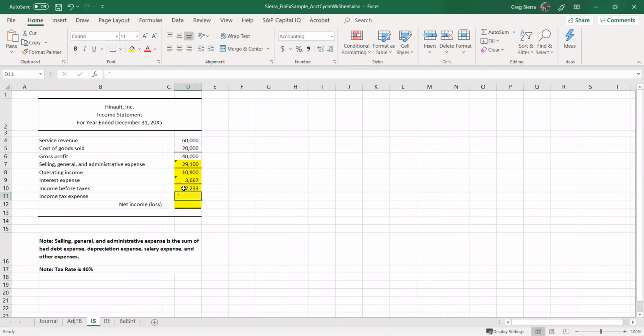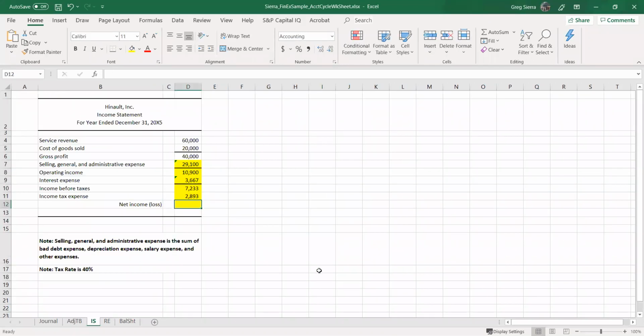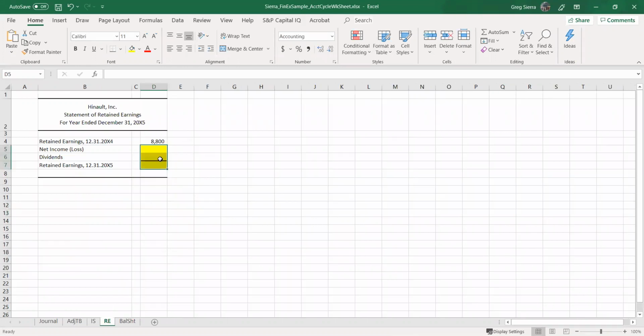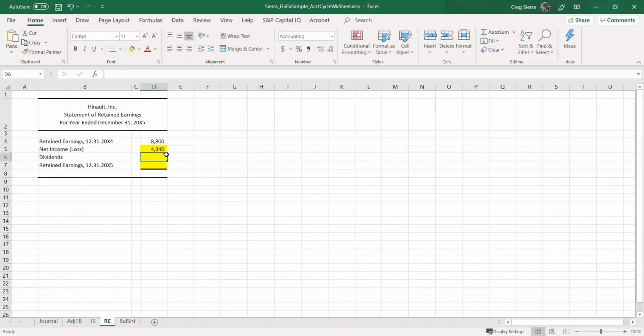Okay, so now we're going to put the income tax expense in here. And our net income is the 7233 minus 2893, and we get 4340. So for the statement of retained earnings, we're going to plug that net income number in here, 4340. Now it makes it a little easier to make dividends a negative.